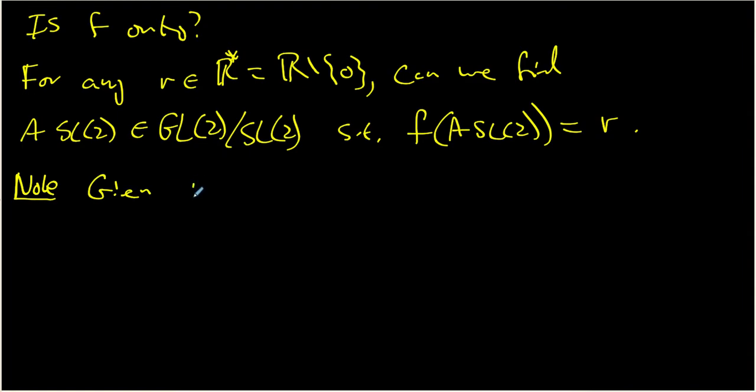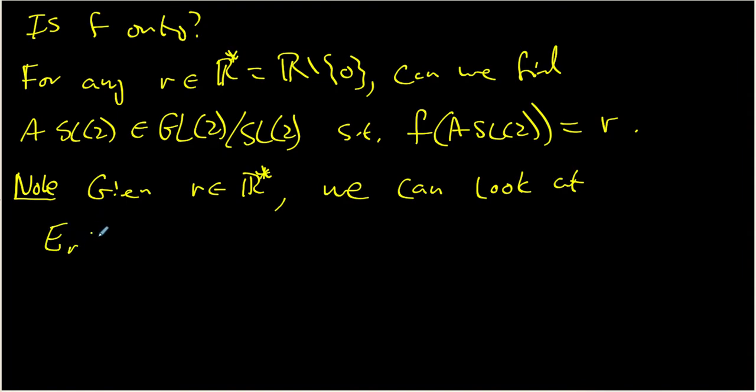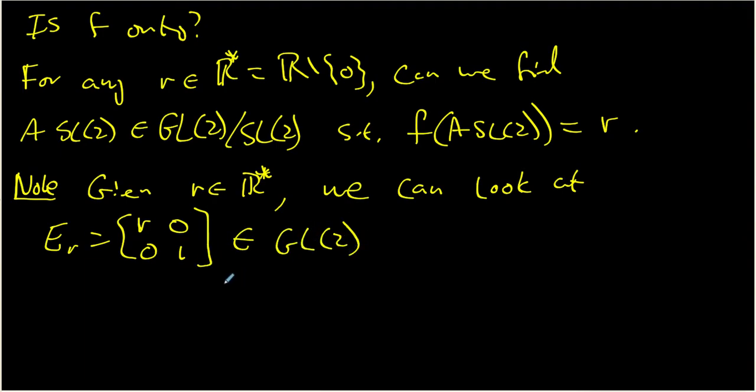Given little r inside of R star, we can look at the matrix that we were calling E_r earlier, which is [r 0; 0 1], and that guy is in GL2 because the determinant of E_r is r times 1 minus 0, which is r.